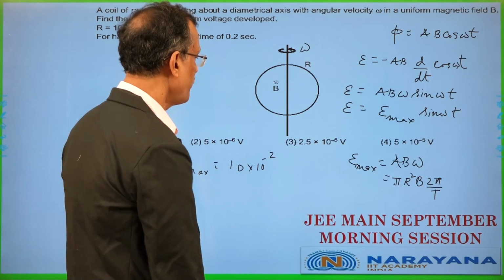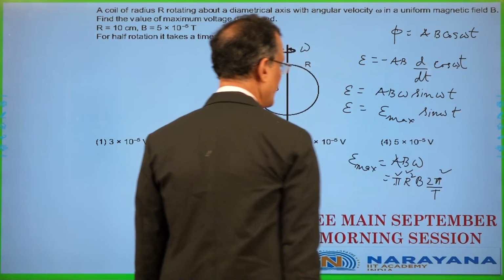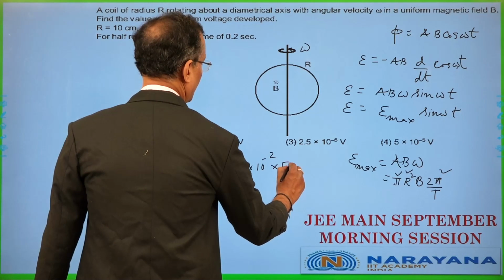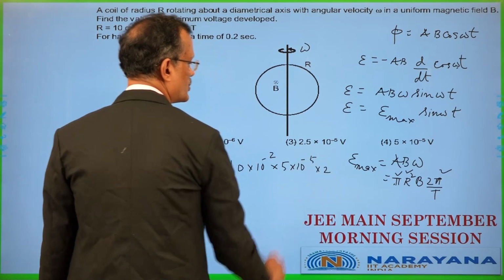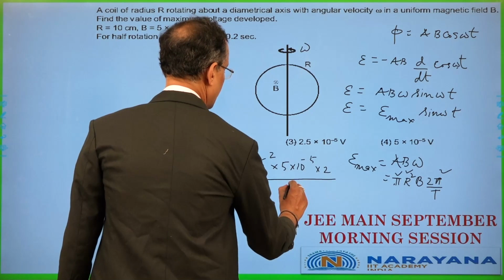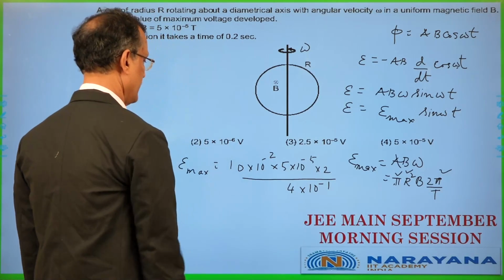So pi squared already you have taken, R squared you have taken. B is 5 10 to the power minus 5 into 2, and T is 0.4, so it is 4 into 10 to the power minus 1.